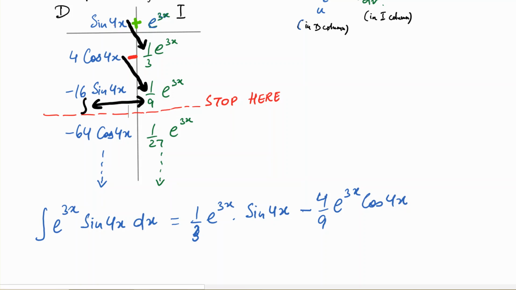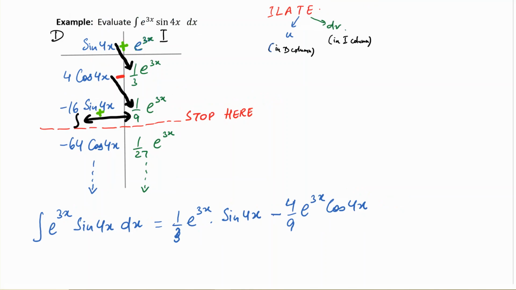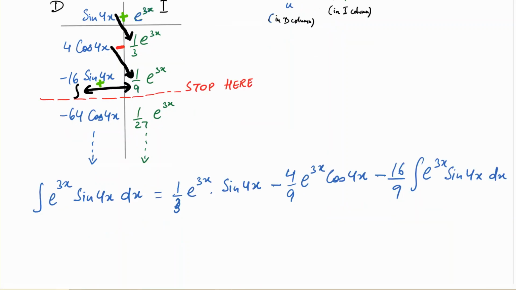In this case, the sign is going to be positive. So we have positive here and we have a negative here. So overall, it's going to be negative. So negative of 1 over 9 and 16, so 16 over 9 integral of e raised to power 3x sine 4x dx. Now we notice that we have the same original integral here.